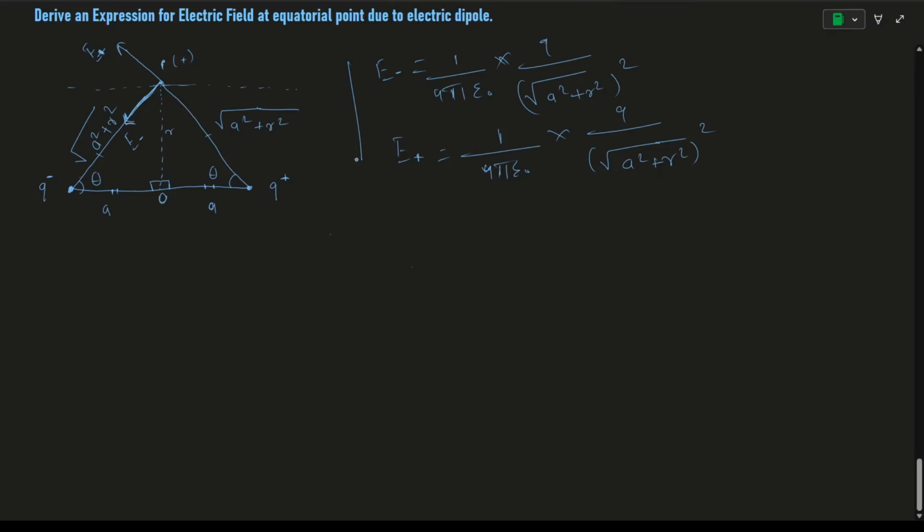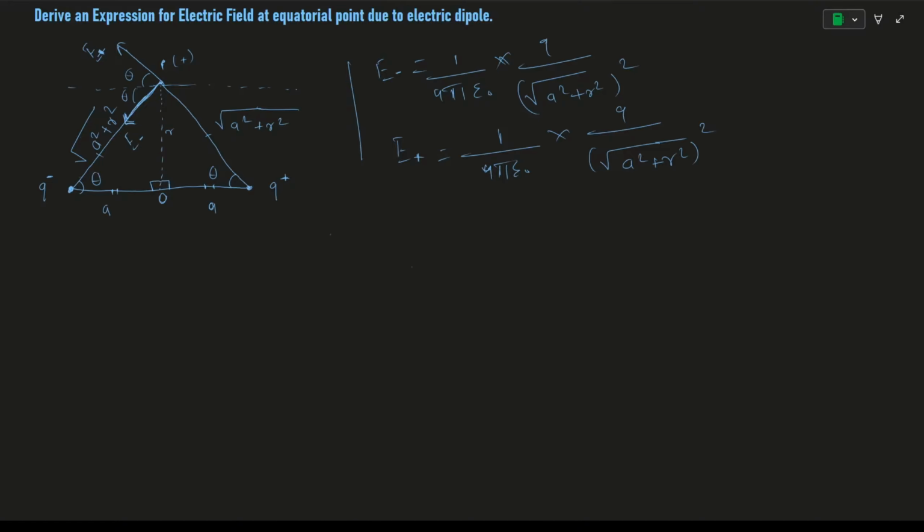This angle is theta, and this is the parallel line, so according to the property of parallel lines, this angle can also be theta, isn't it? And if we consider this angle, this angle will be equal to this angle due to the interior angles. There is a property of interior angles: interior angles become equal just because of these parallel lines.